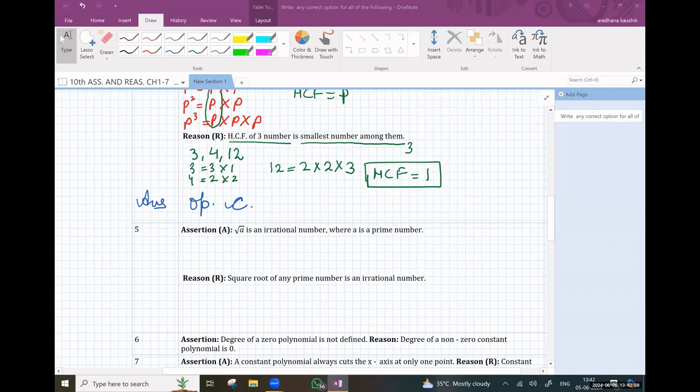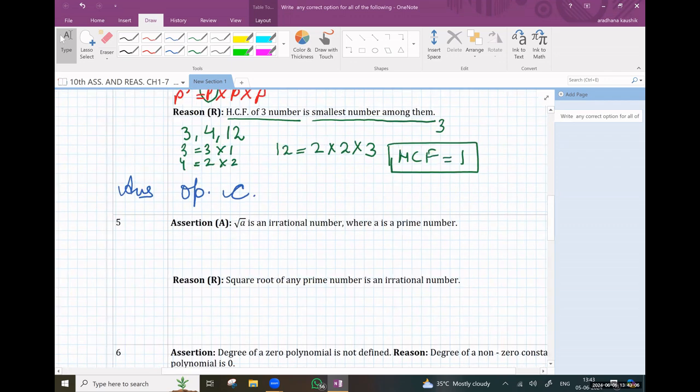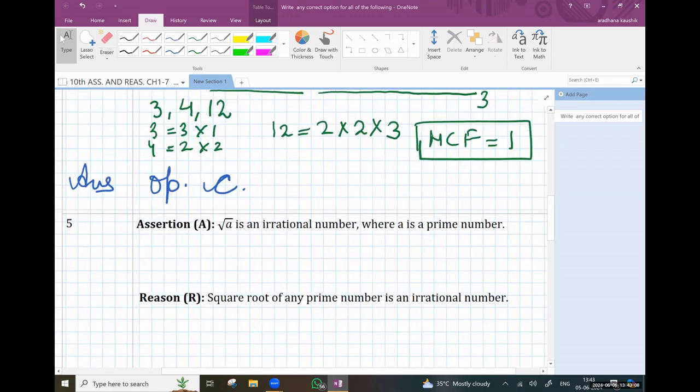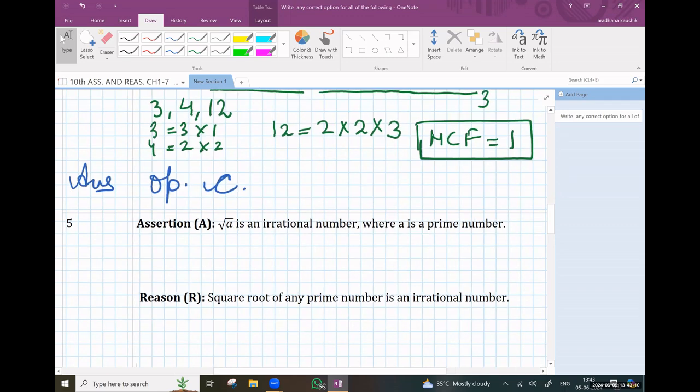Now, question number 5 is assertion: square root A is an irrational number where A is a prime number. So if we take examples, prime number is 2.